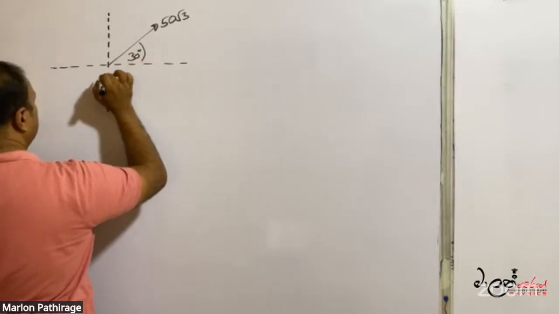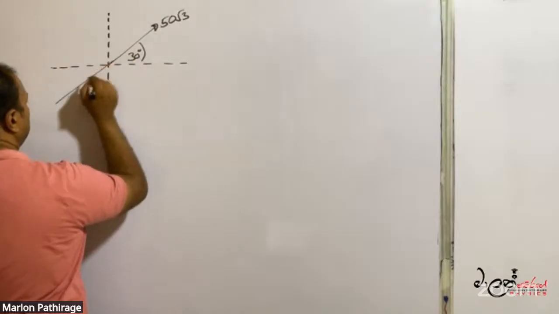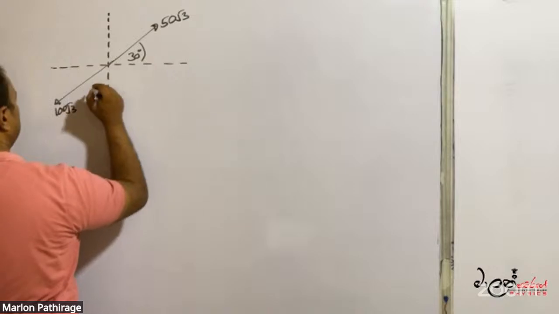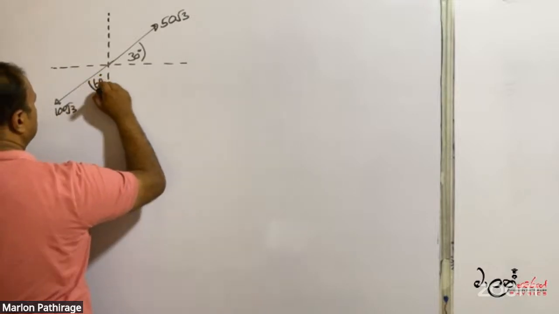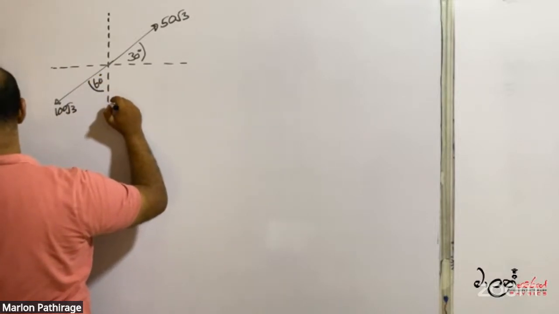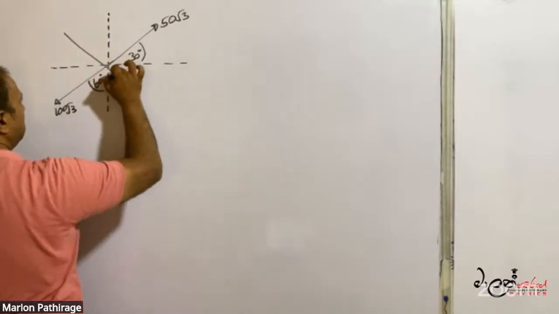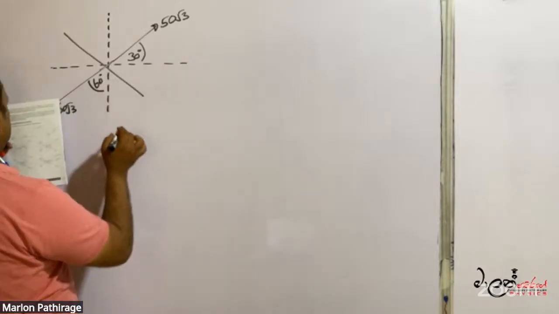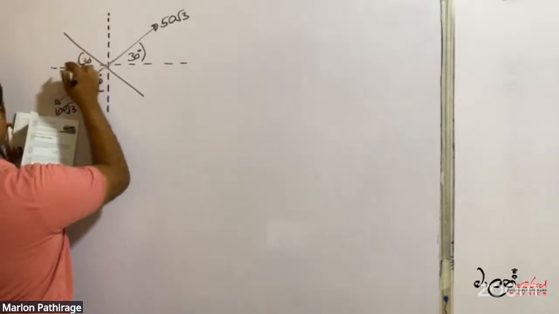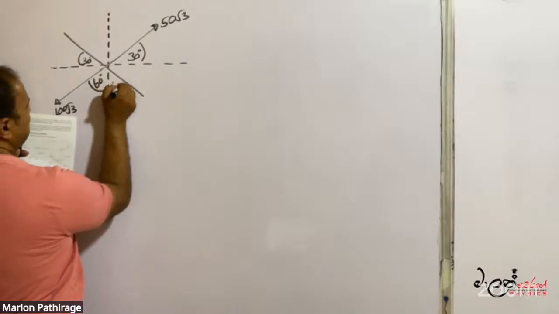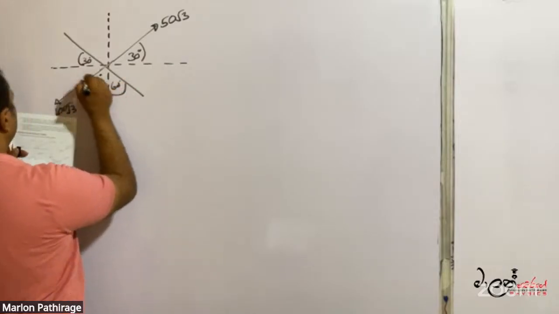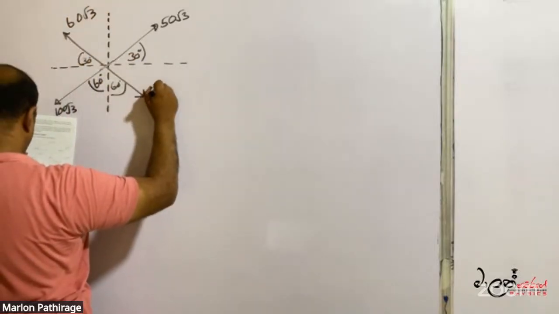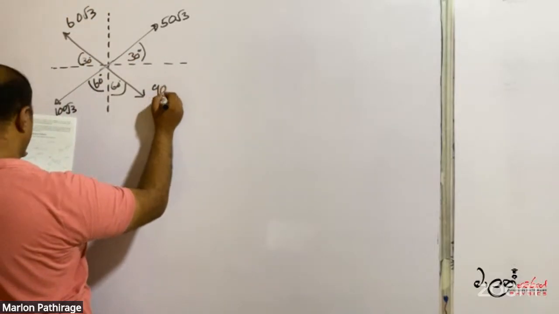Then 100√3 into this side, angle is 60. Then this angle is 30. This angle is again 60. 60√3, 90 divided by root 3.